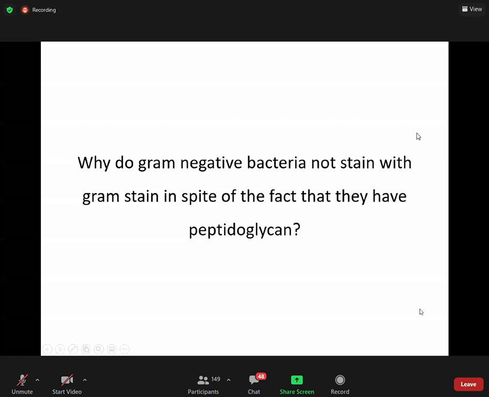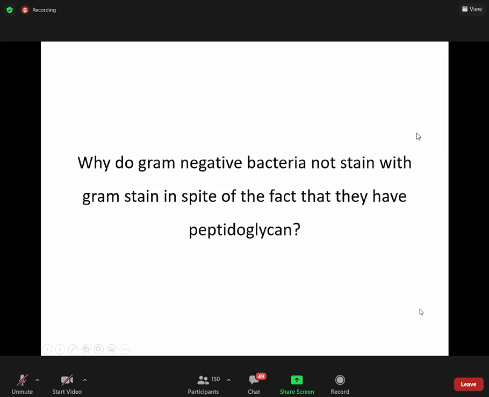Right. What other organisms don't have peptidoglycan? That's right, very good. And what about Mycobacterium? Would they still be gram-positive? Why is it acid-fast? Because what?